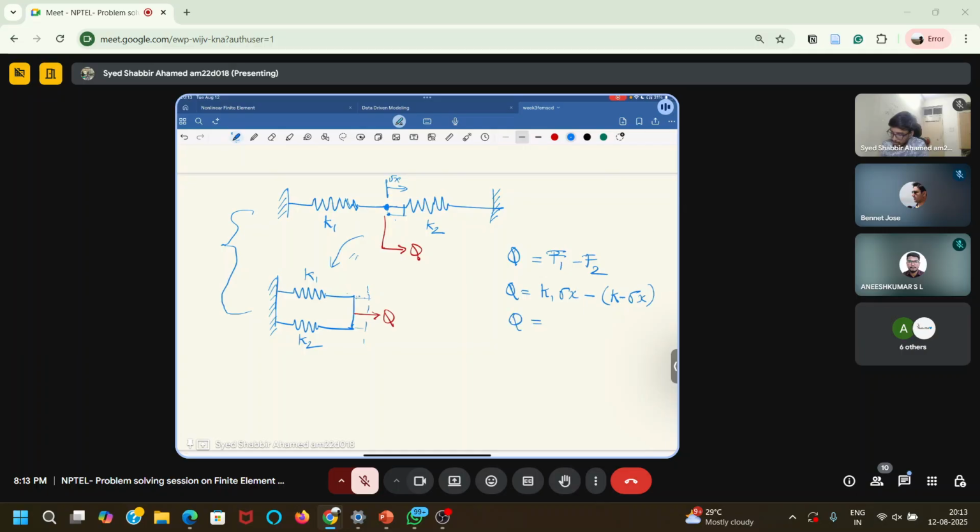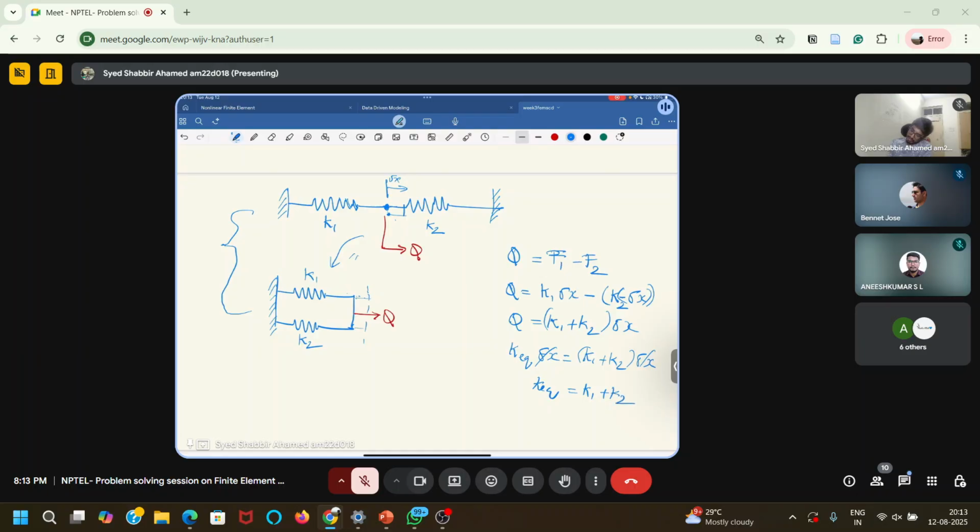So that will be k1 into delta x plus k2 into delta x, which is k1 plus k2 into delta x. And I can write this as k equivalent into delta x, which equals k1 plus k2 into delta x. Finally, you will get k equivalent equals k1 plus k2.